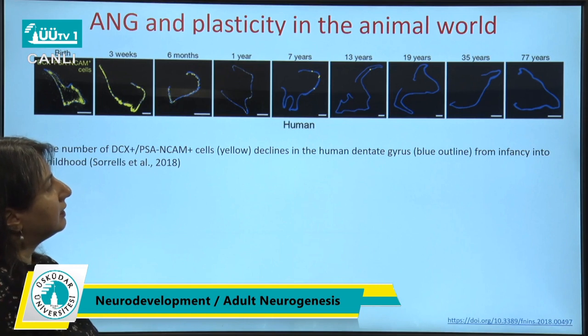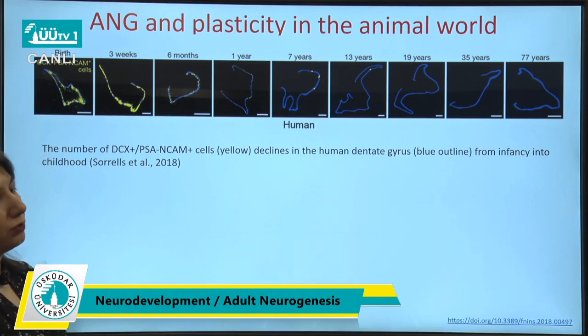However, we can still detect new neuroblasts up to 13 years, and if we go to adulthood, around 35 years or 70 years, we wouldn't expect to see neuroblasts at all. So subgranular zone neurogenesis persists for a longer time. However, it also diminishes in adulthood in humans.